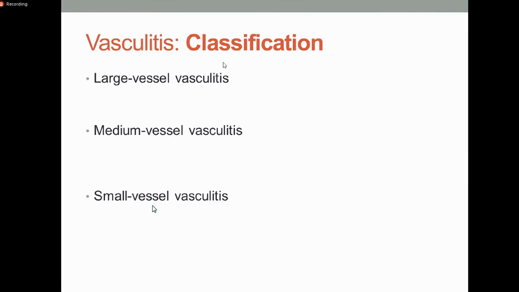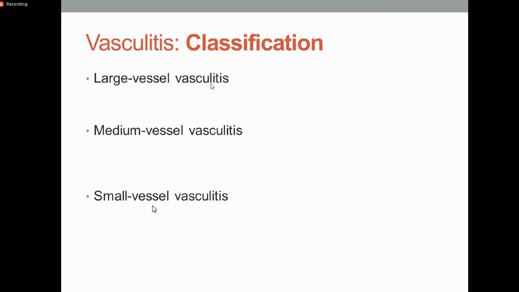Now, vasculitis classification. First we covered the definition of vasculitis, then we covered the pathogenesis of vasculitis, and then the third aspect, some basic facts. Now, this is one type of classification which I have given you, but you can classify on different aspects as well.